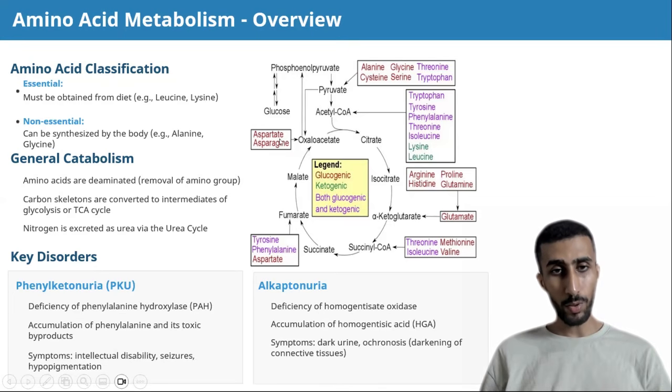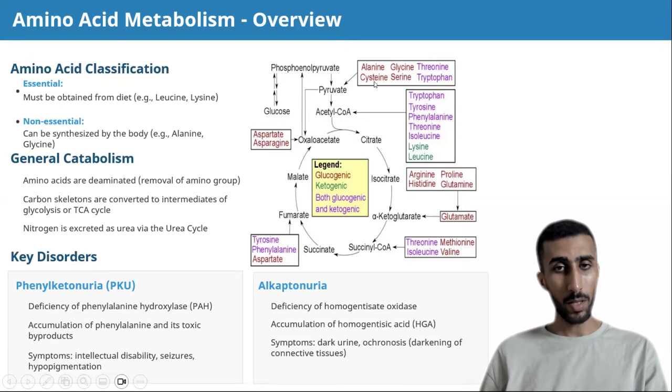Then you also have aspartate and asparagine. They are converted into oxaloacetate and they are glucogenic. You memorize these other amino acids, for example threonine and isoleucine can be converted into succinyl-CoA, and tyrosine, phenylalanine, and aspartate are converted into fumarate. So each amino acid can be converted into a certain intermediate in the tricarboxylic acid cycle, and you don't need to memorize them.